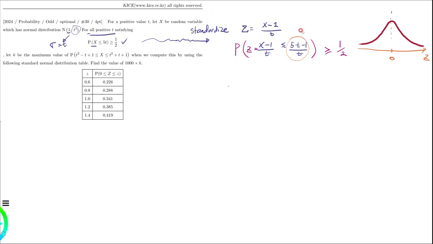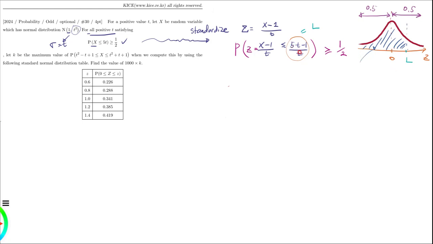So its right ending point, let's say this is L. When the right ending point L is positive here, this probability value corresponds to this area here. Actually, the area for this half is 0.5 and this half is 0.5 here, as you already know.